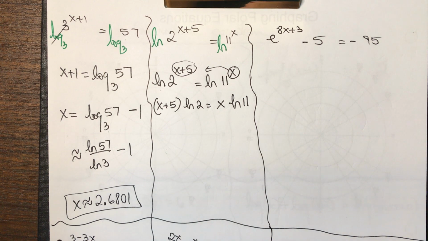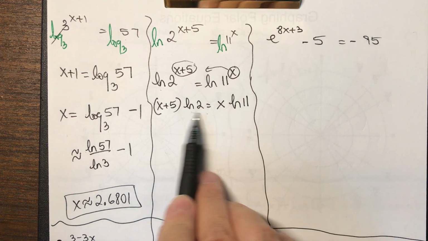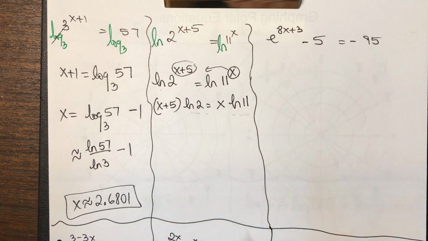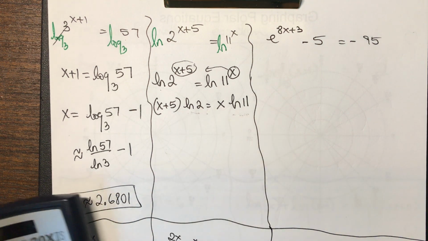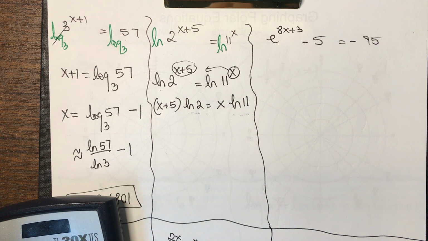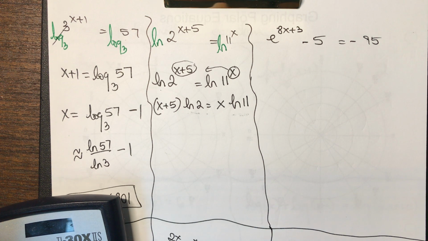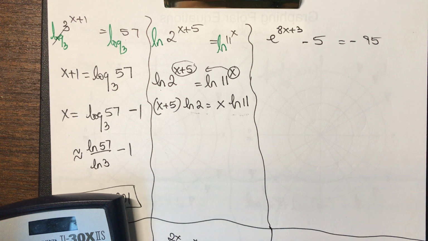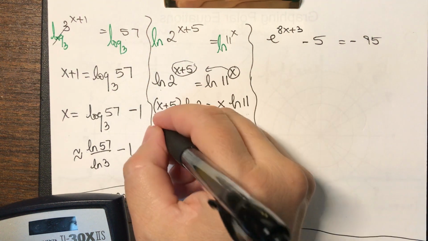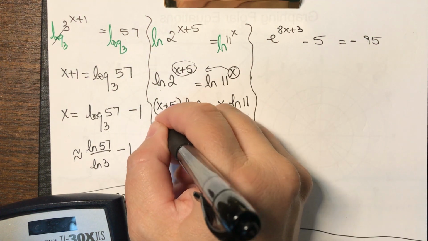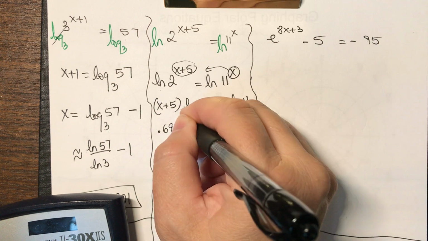Now, how do we solve this? Best thing would be if I wouldn't see ln of 2 and ln of 11, because again, I want an approximation. So I'm just going to rewrite these. What's ln of 2? Well, ln of 2 is equal to 0.6931.